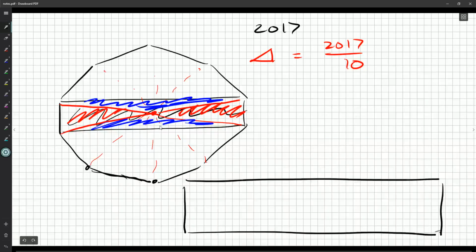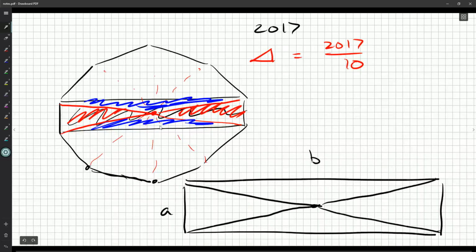So let's look at an even bigger version of this rectangle. If I just had a rectangle, I took the center of that rectangle, and let's call the dimensions of the rectangle A and B. Shall we? So I know the total area of the rectangle is AB. Now what is the area of each of these 2 red triangles? Well, it would be base A times height. Because we're looking at the center, we drop a perpendicular down here, the height is going to be B/2.